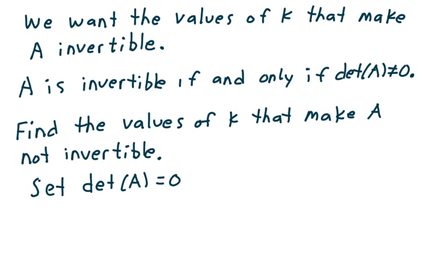And remember, and this is a big theorem, I can't stress its importance enough: A is invertible if and only if the determinant of A is not 0. So what I want to do is find the values of k that make A not invertible. Because if I know the values of k that make A not invertible, that means A is invertible for all the other values. And so I'm going to set the determinant of A equal to 0.